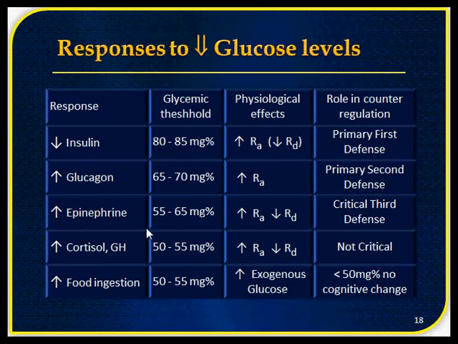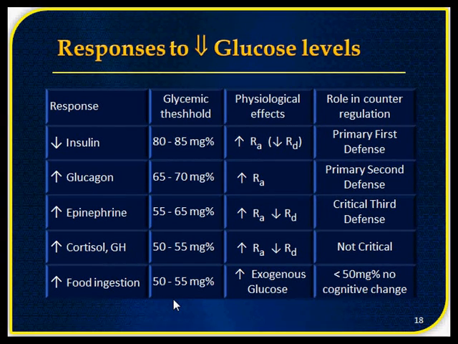Of course, the other hormones like cortisol and growth hormone are also stimulated around this blood glucose level. They also increase the rate of appearance and decrease the rate of clearance. Remember that cortisol and growth hormone are not critical in the maintenance of glucose levels in the normal state in a hypoglycemic patient.